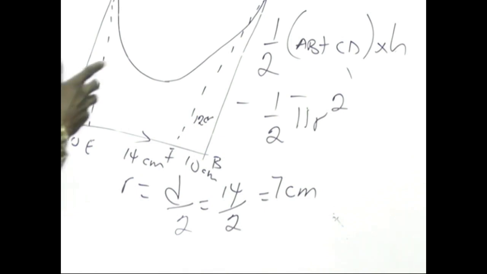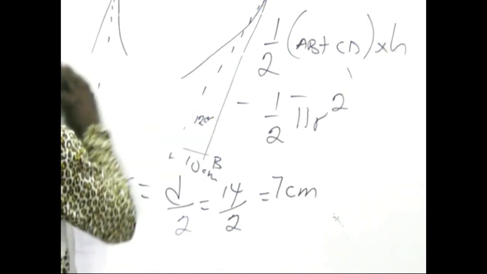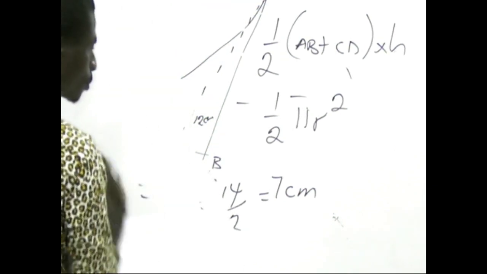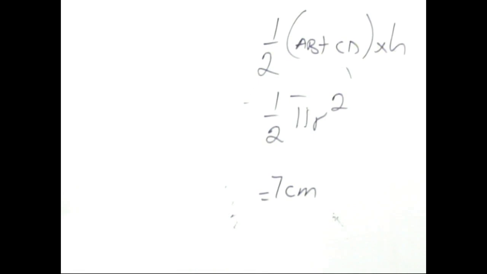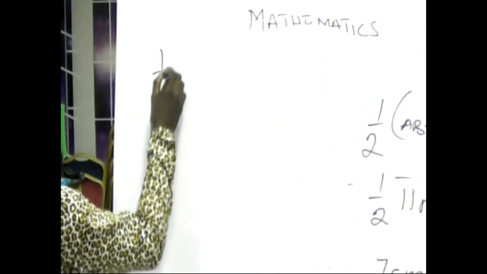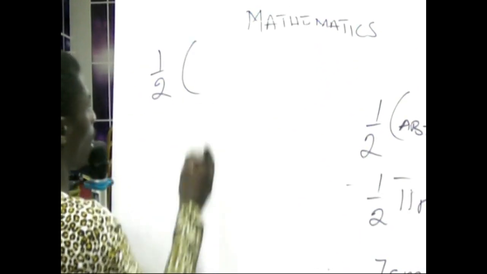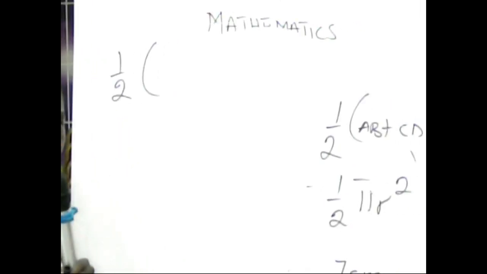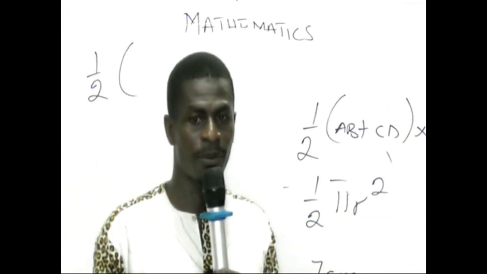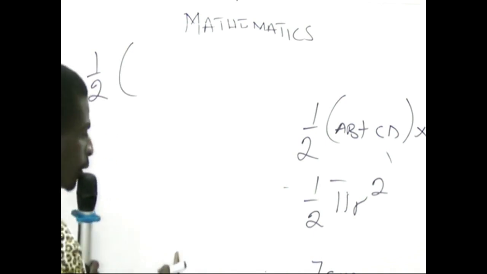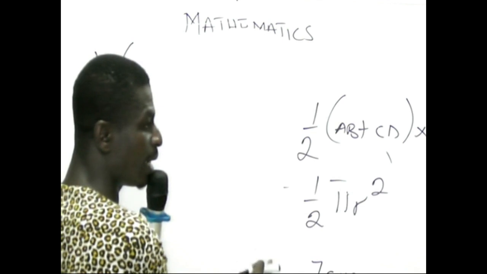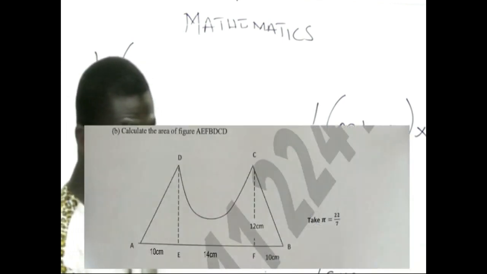And so we are going to substitute our information into the formula. Now, we know that we have our half, our AB. If you can put the diagram on the screen for me again, you see 10 centimeters, 14 centimeters, and then you see another 10 centimeters there.